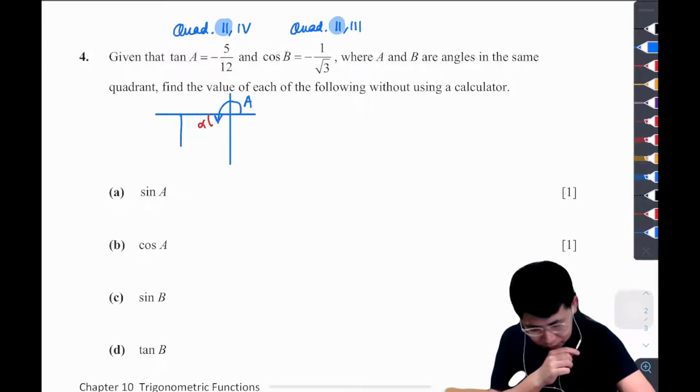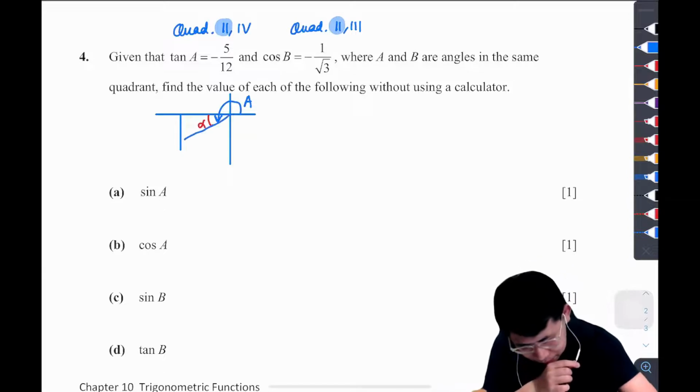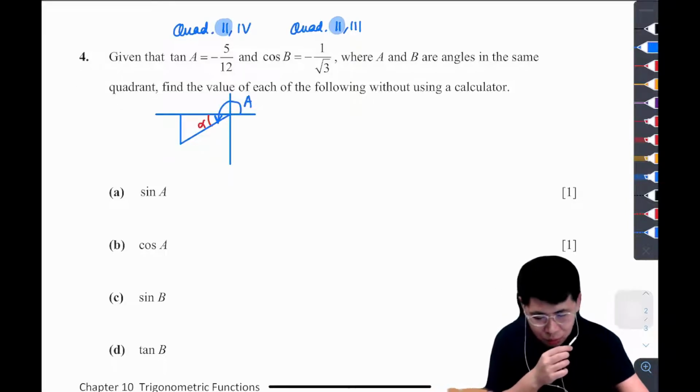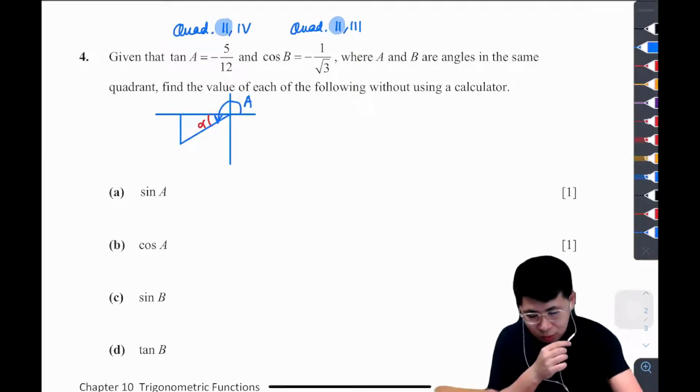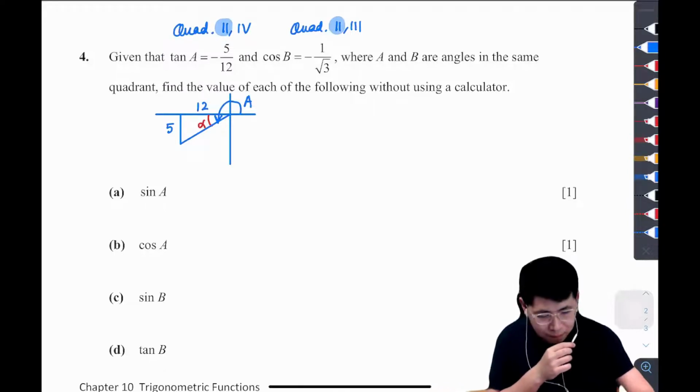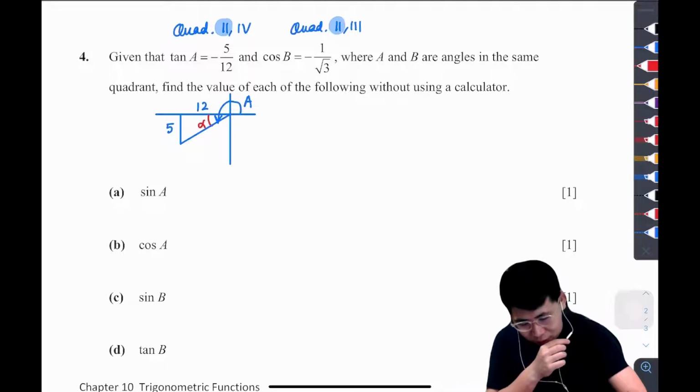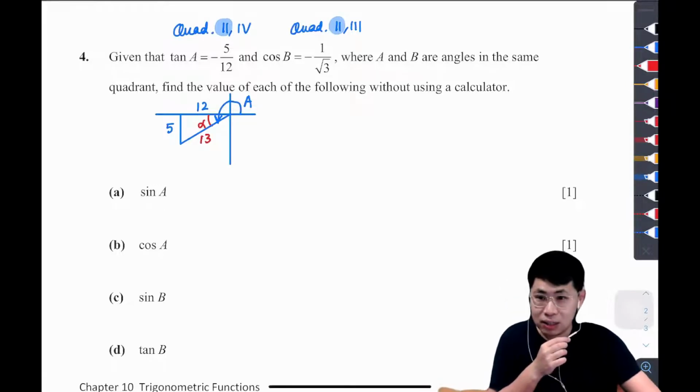Okay, so this one is alpha. So tangent A is negative 5 over 12. So the opposite over adjacent is 5 over 12. Then the hypo would be 13, this is a 5, 12, 13 triangle.